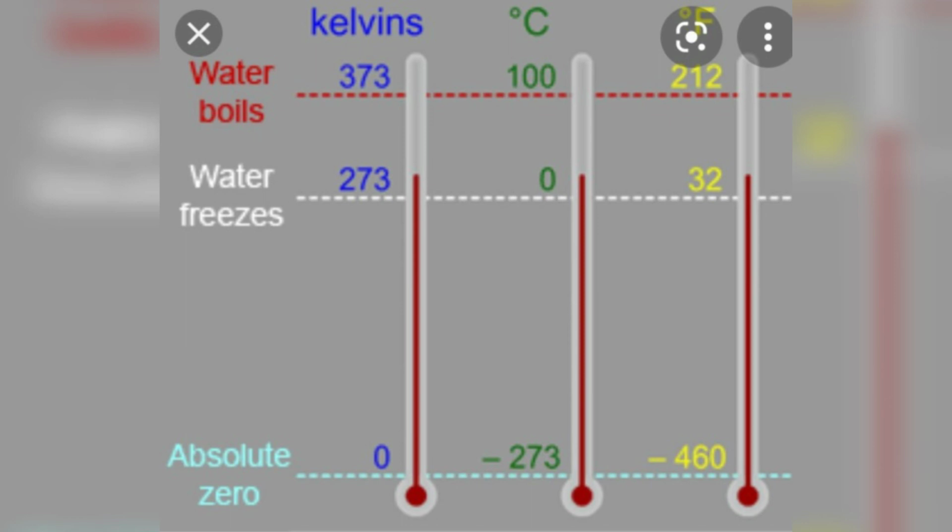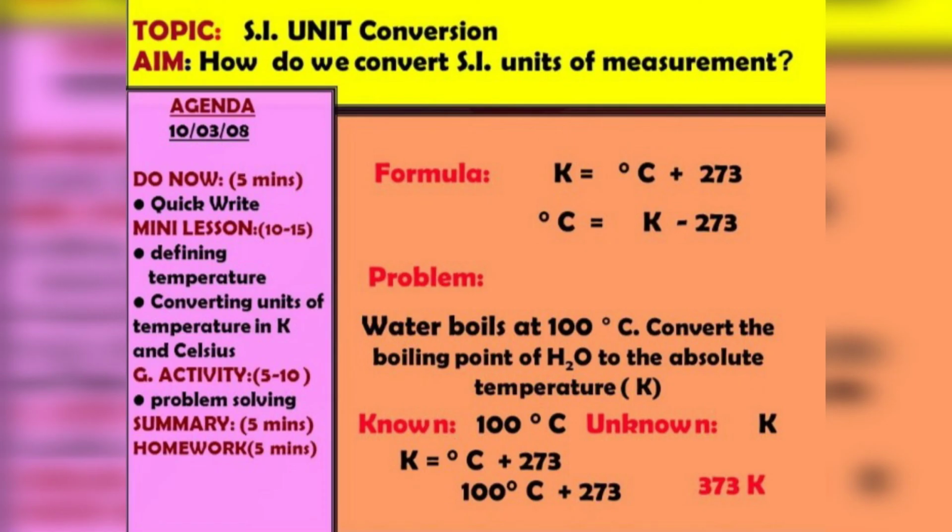Now what is the ice temperature in the Kelvin scale? In a simple way, you can say it is 273 Kelvin. So 0 degree Celsius is equal to 273 Kelvin. From this we can say that to convert any value in the Celsius scale into the Kelvin scale, we have to add a number, that is nothing but 273. Take an example.